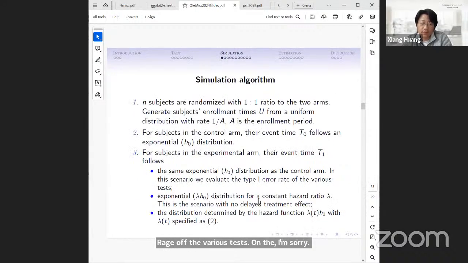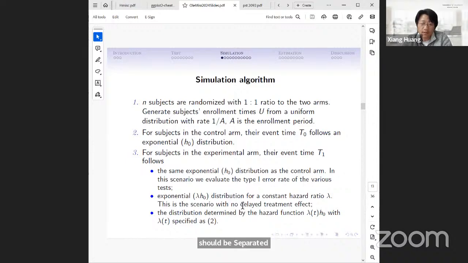Or we can suppose the experimental arm has a lambda times h norm exponential distribution, so there's no delayed treatment effect, and the arms are separated from the very beginning.